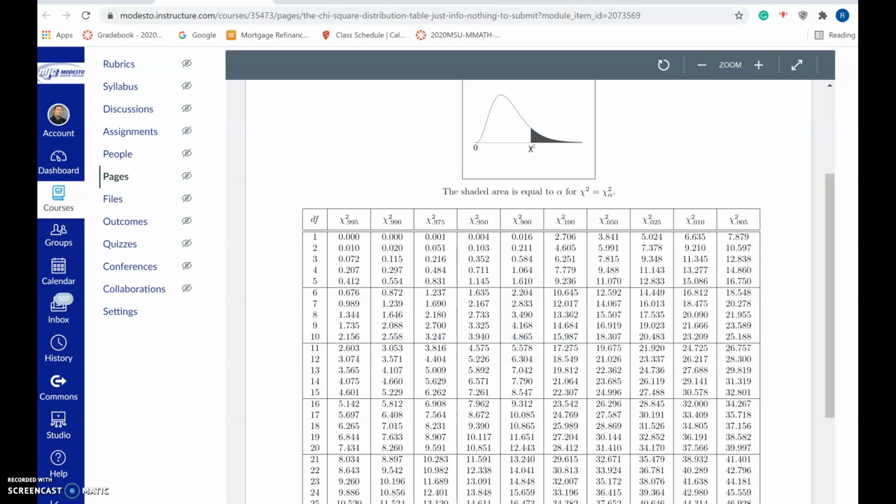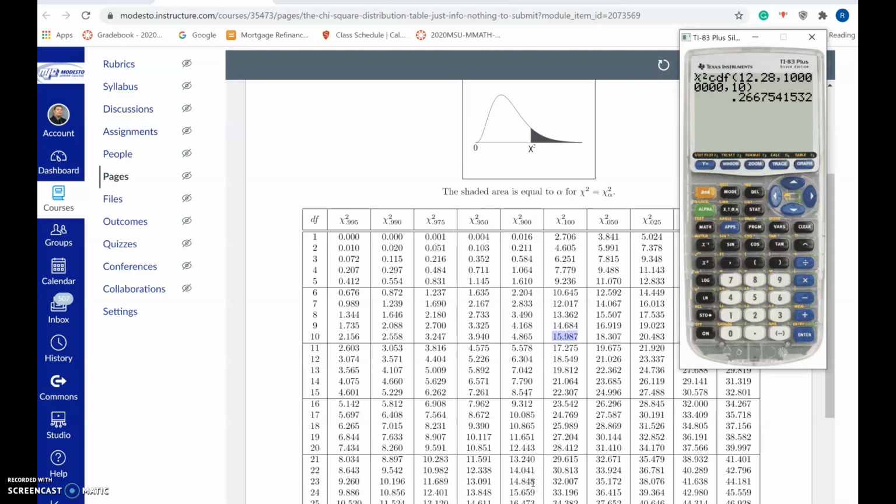So it carries a ton of error, and we wouldn't really use the table because you're not going to get an exact value. All of these would be estimates. So the table, we would rarely use it. On the good news, you guys have the calculator, so you don't have to worry about not having the code.